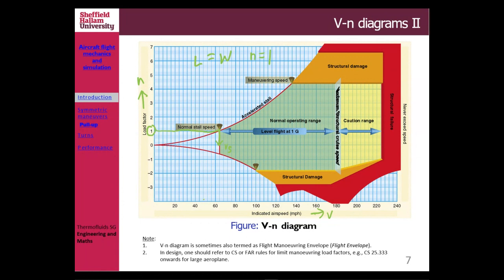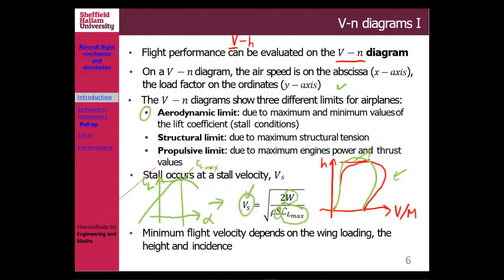Now, from this equation, if you want to consider the velocity as a function of n, I could rewrite your equation: Vs squared is 2 times n, your load factor, times W, over rho times S times CL max.